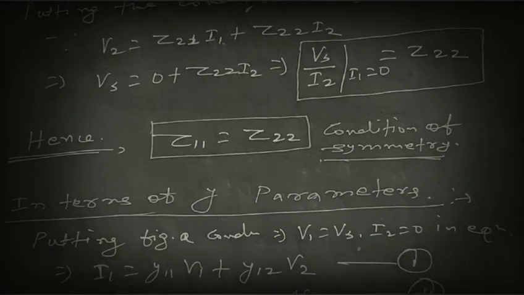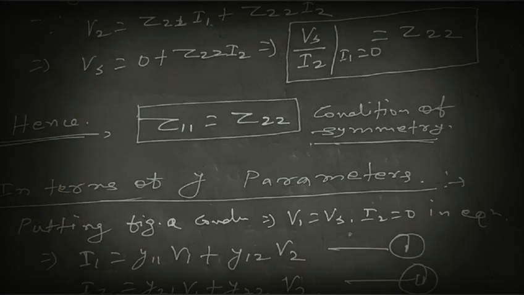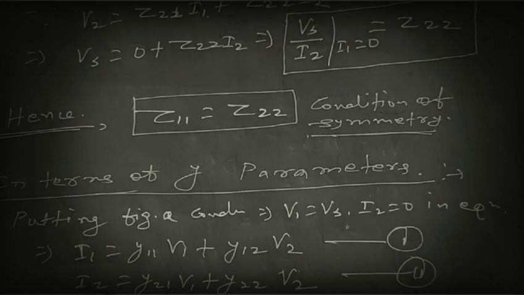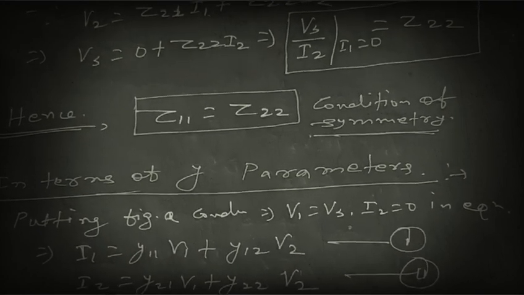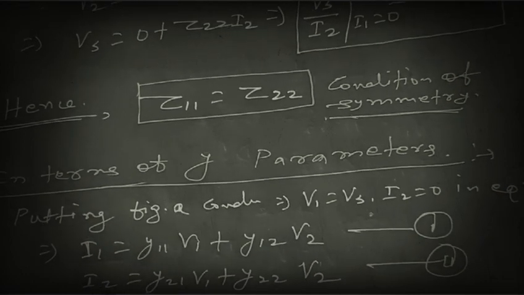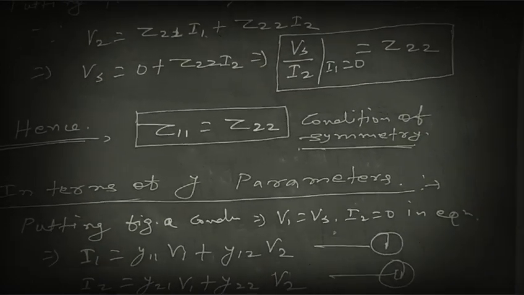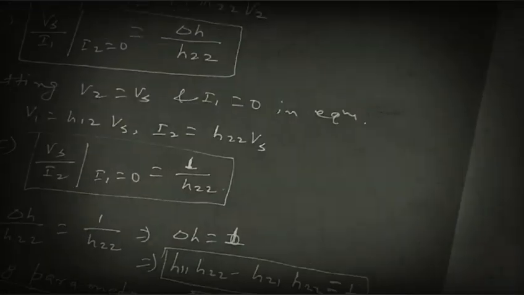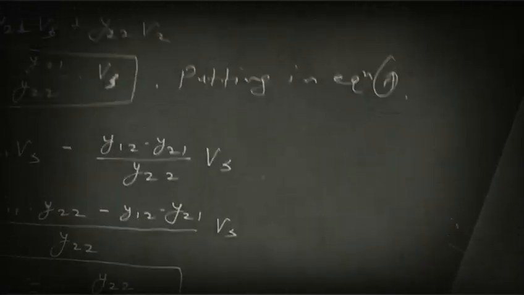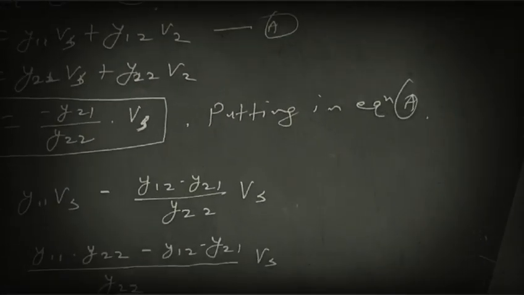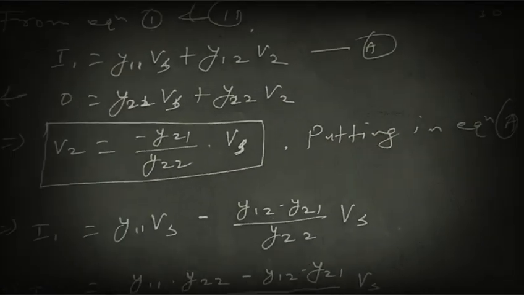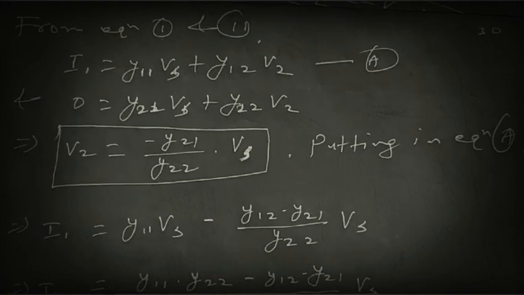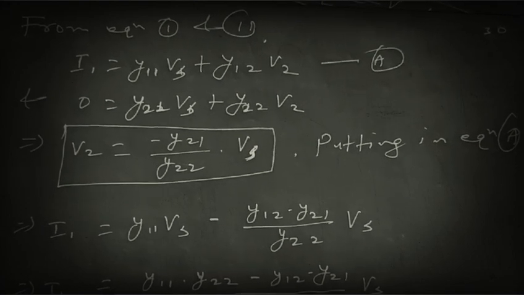Next we have to calculate in terms of Y parameters. So again we will put the conditions of figure A and figure B, that is V1 equal to Vs and I2 equal to 0 from figure A in the equations I1 equal to Y11 into V1 plus Y12 into V2 and I2 equal to Y21 into V1 plus Y22 into V2. So from here we'll get I1 equal to Y11 into Vs plus Y12 into V2.